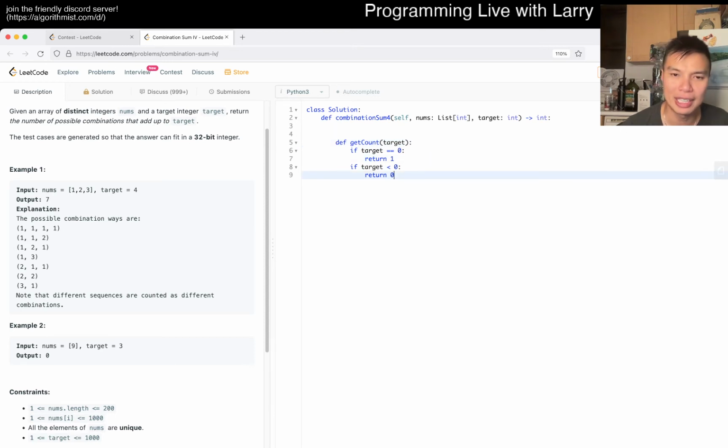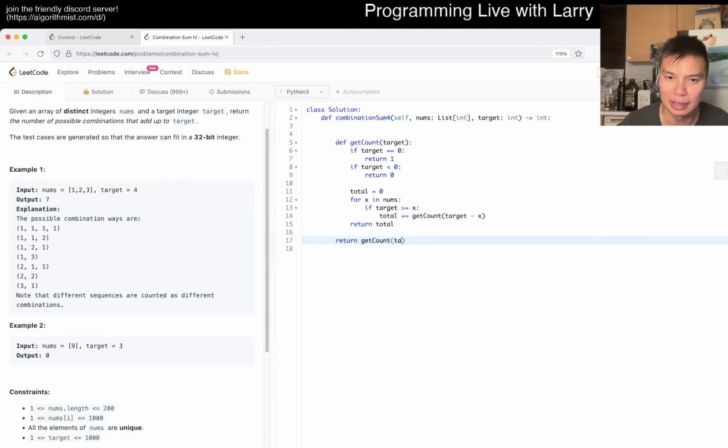We'll do the caching later, but basically, for x in nums, and they're unique, which is fine, if x is less than or equal to target, then total starts at 0, total increments by get count of target minus x, and then we return total, and we just return get count of target, and that's it.